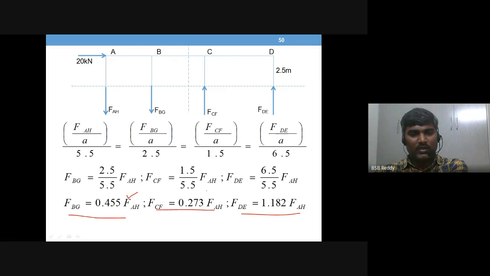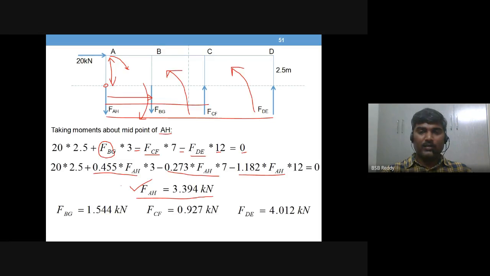So you know FAH now in all these 3 equations, and you are able to get all the DE, CF, BG values. This is how we solve for all 4 column axial loads of the top story. This is for the top story only. Let's see all the other stories in the coming sessions. Thank you.